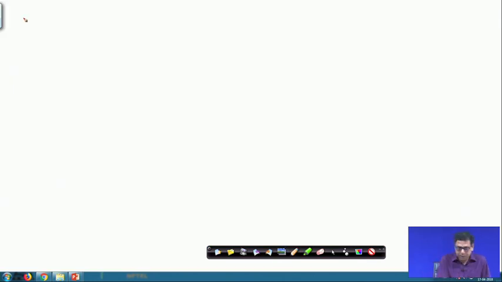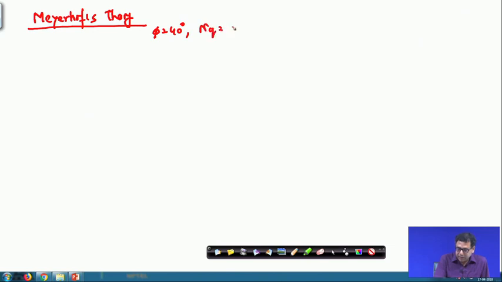So, by using the Meyerhoff theory, you will calculate that the same phi equal to 40 degree, NQ value is coming out to be 320, then our K value again we are taking 2, and delta value is 0.755, that is 30 degree, and we are using the critical length concept.